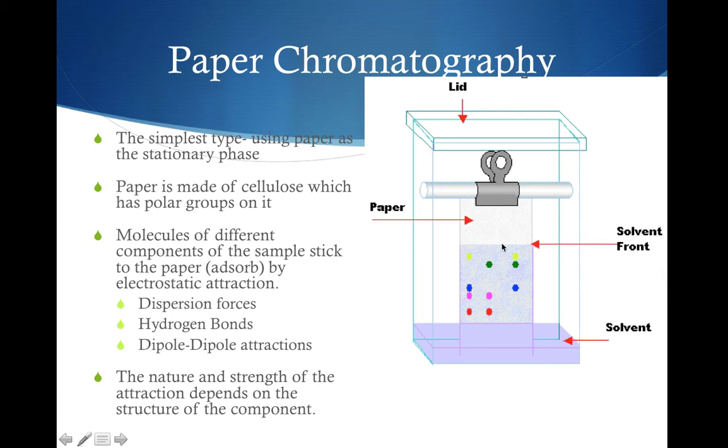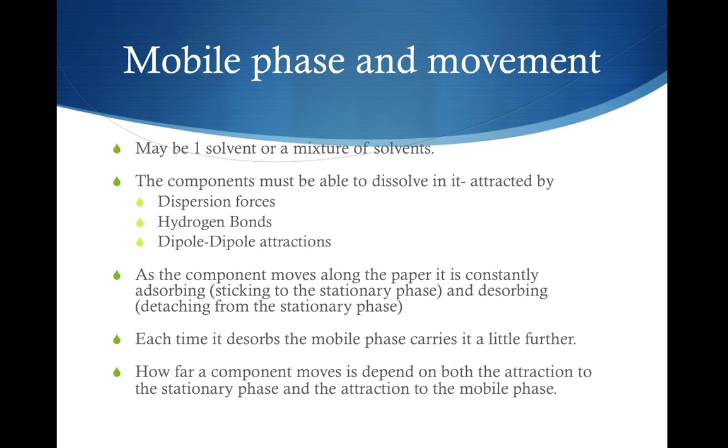The distance that our solvent travels we call our solvent front. You can see here we've nicely separated out all these colours, which potentially would be from different black inks, for instance. Our mobile phase moves, and the components will dissolve in it, and again they're going to be attracted to it by dispersion forces, hydrogen bonds, dipole-dipole, and those that are most attracted to it are going to be carried along further.